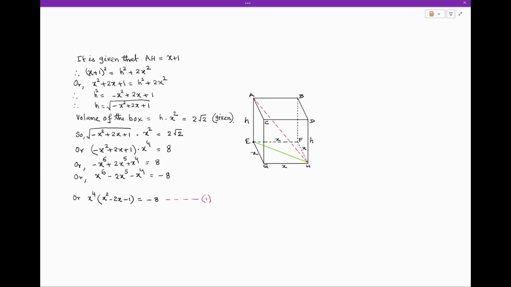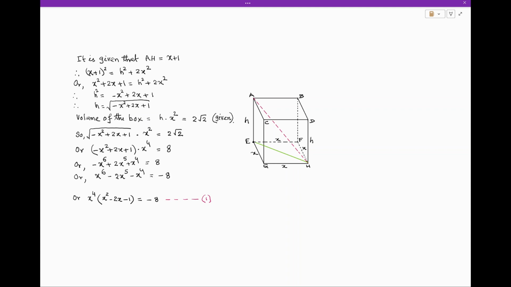By rearranging terms, we get h square is equal to minus x square plus 2x plus 1, or h is equal to square root of minus x square plus 2x plus 1.